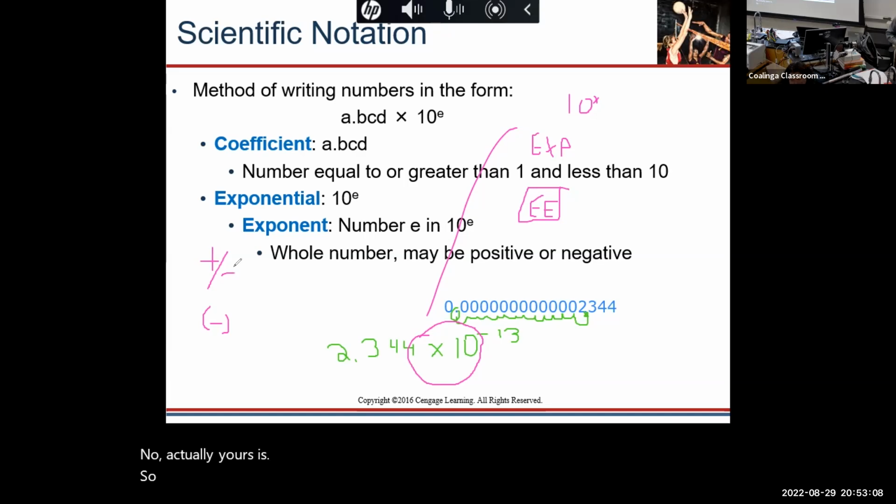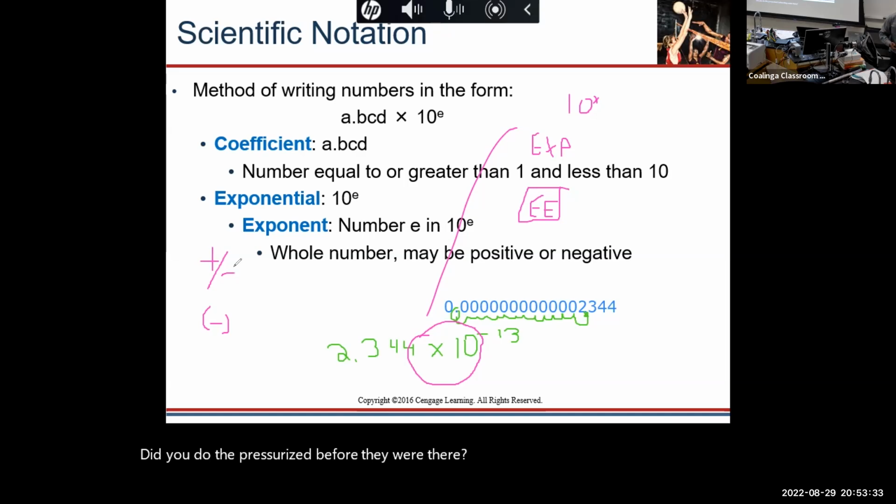So then here, you're gonna use your shift button. Did you do the plus or minus before the EE? I got negative 2.34.